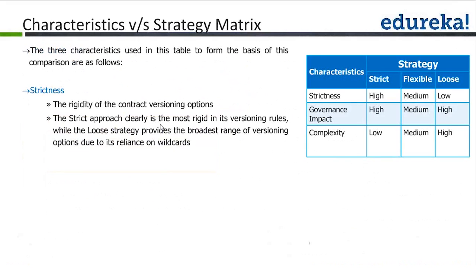Okay, so after discussing the pros and cons for each and every approach, now we see a very interesting matrix which I want all of you to see, and just give some moments to this in understanding, because this is a very interesting matrix to know. Now we have seen 3 versioning strategies: strict, flexible and loose, and we will not just leave these strategies here itself by just knowing them theoretically, example and pros and cons.